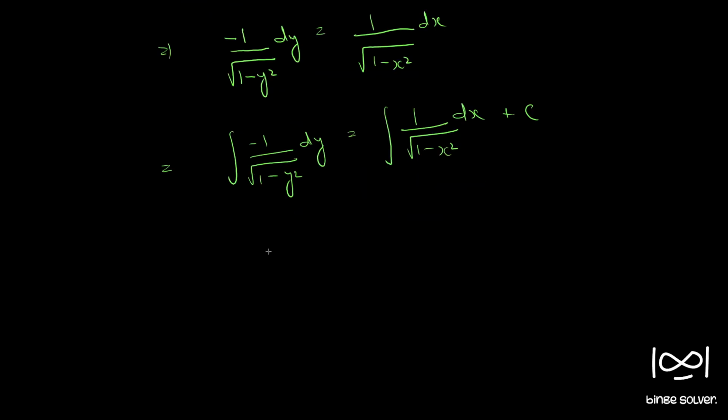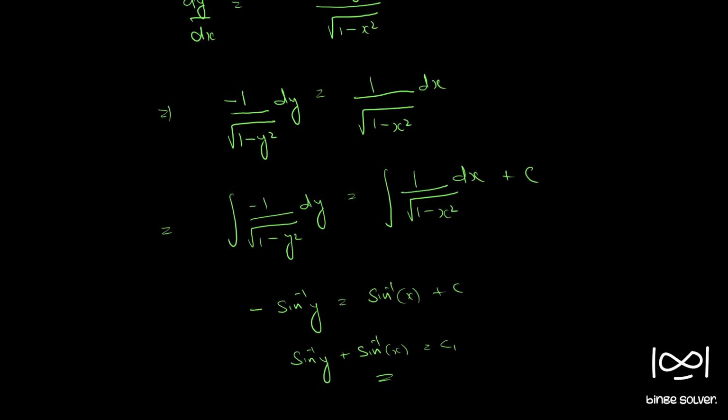So the integral is minus sine inverse y, and it is sine inverse x plus c. So our equation becomes sine inverse y plus sine inverse x is equal to, instead of c minus c, I just write c1. So sine inverse x plus sine inverse y is equal to c1.